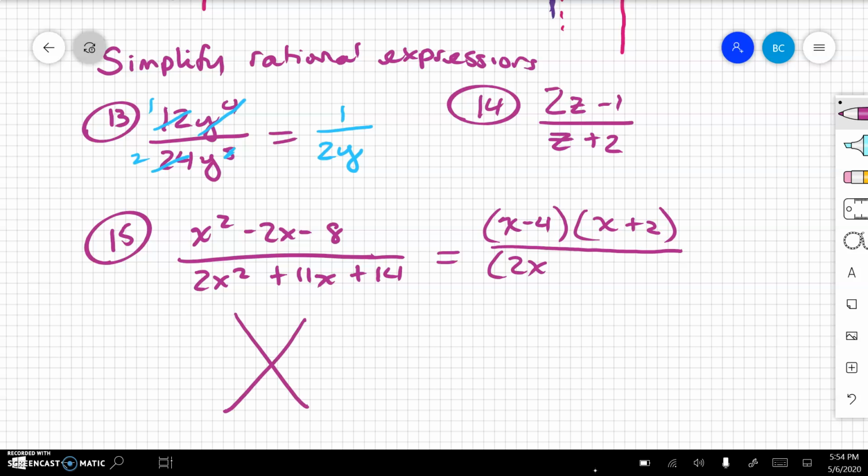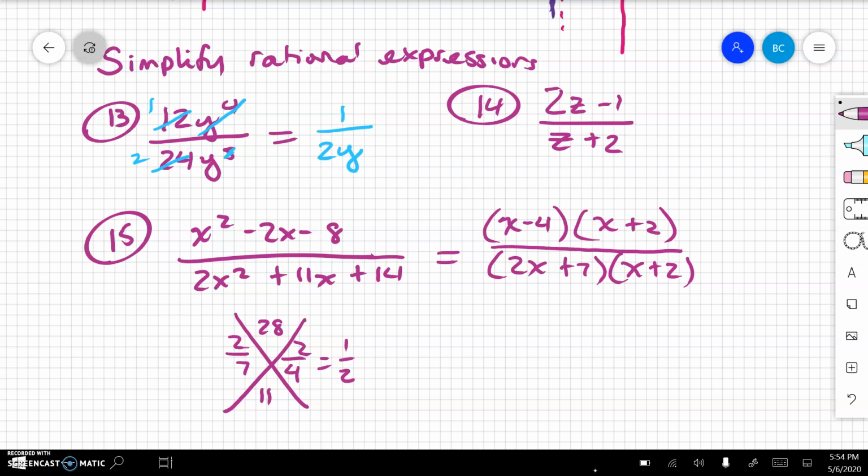So if you remember, this is where we do 28 and 11. This is going to be 7 and 4, but because a equals 2, this is going to be 2 and 2. So my factors are 2x plus 7 and x plus 2.